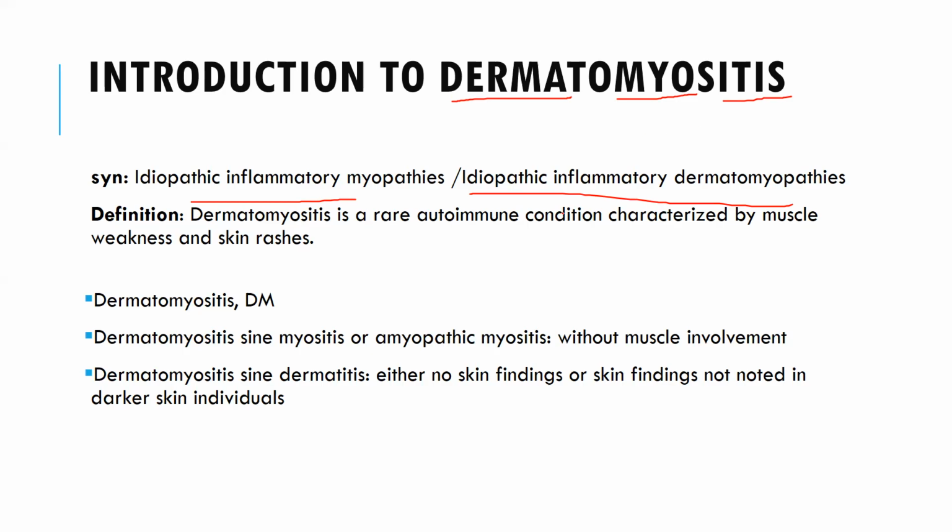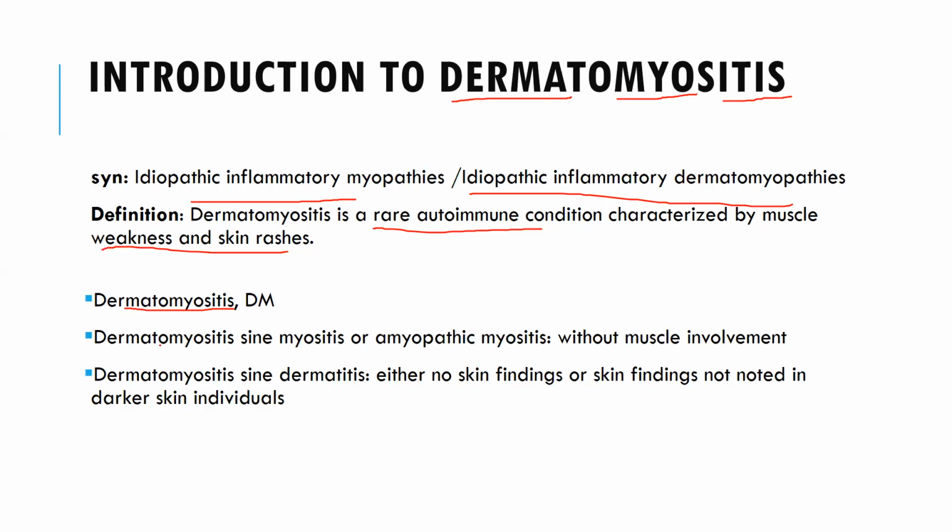So how common is it? It is one of the rare autoimmune conditions characterized by muscle weakness and also skin rashes, just from the words derma, skin, myo, muscle. It has different types, whereby the classical type will be the one we've talked about, inflammation affecting muscle and skin. But sometimes you can have dermatomyositis whereby the skin has rashes, but the muscles are okay.